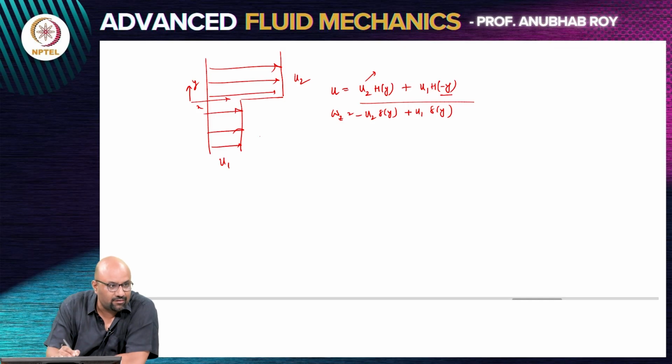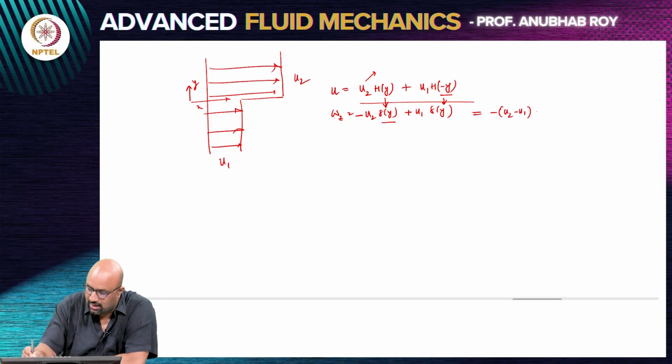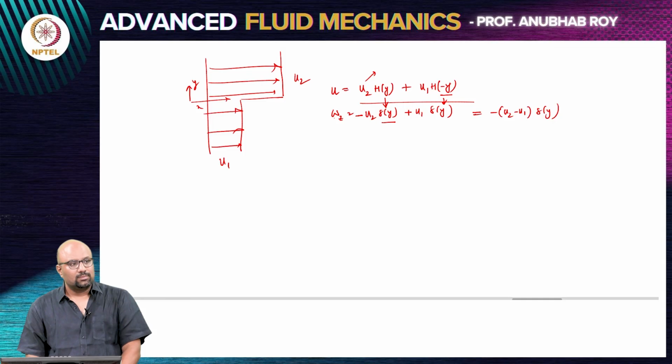That's what the Heaviside function is doing. When you take a derivative, the derivative of H of y will be delta of y, and vorticity is minus du/dy, so I put a minus sign here. The derivative of H of minus y will be minus delta of y, and minus of minus will give you a plus. So you are going to get minus (u2 minus u1) delta of y. So you will have a vortex sheet residing at that location.